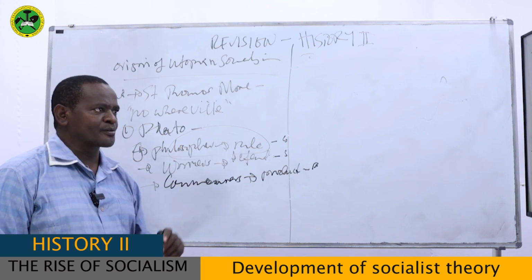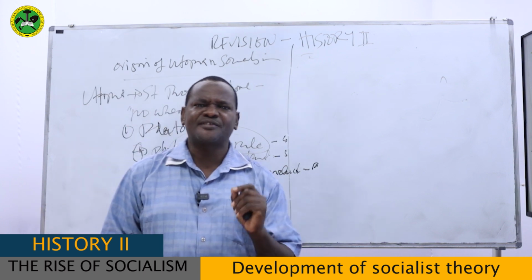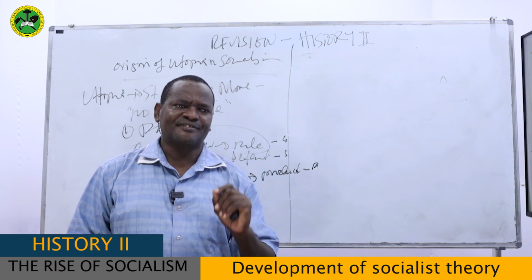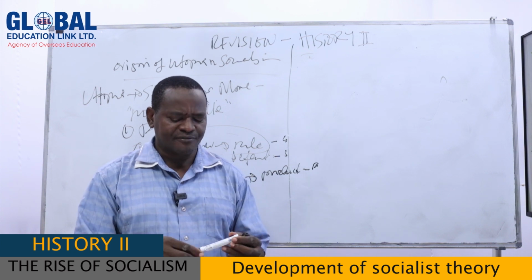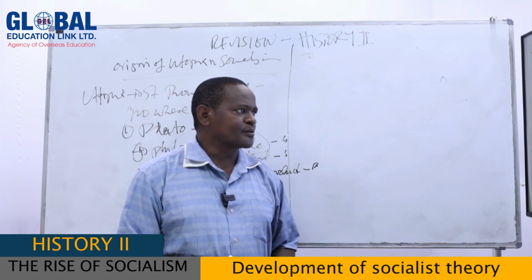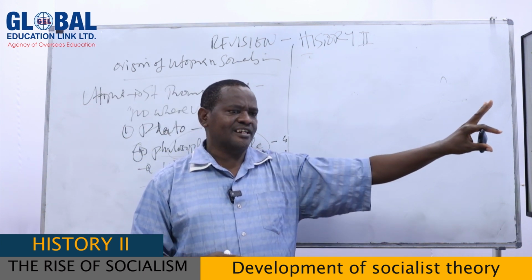So what Plato was proposing here was a kind of socialism in which major means of production will be owned by the state. So the ruling class will own the major means of production on behalf of all people. This is what was proposed by Plato. Remember, my dear students, there was no word socialism here.